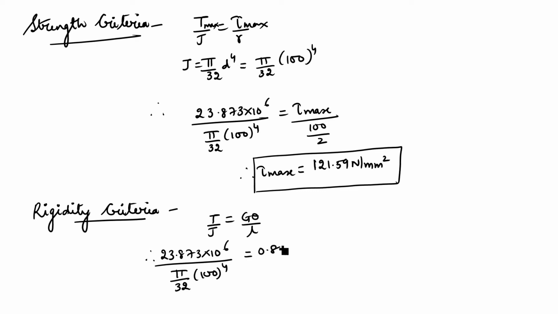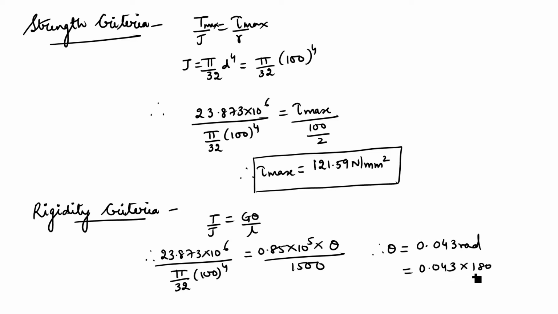G is 0.85 into 10 raised to 5. Theta is something I don't know. And L is given as 1500. On solving, we'll get theta as 0.043 radians. When I convert this into degrees by multiplying with 180 by pi, I get the value as 2.464 degree.